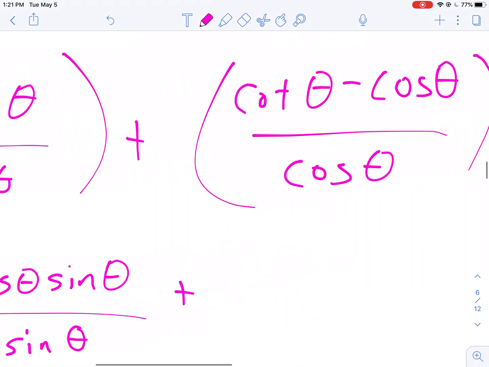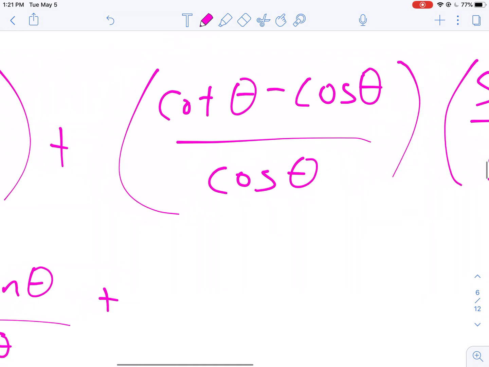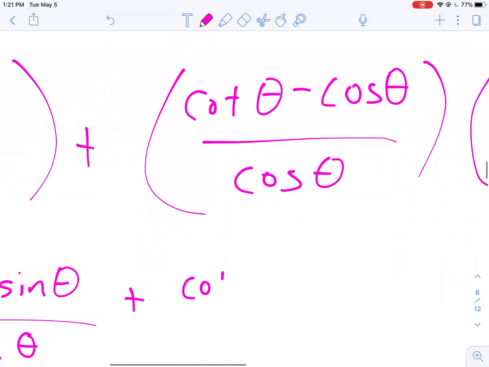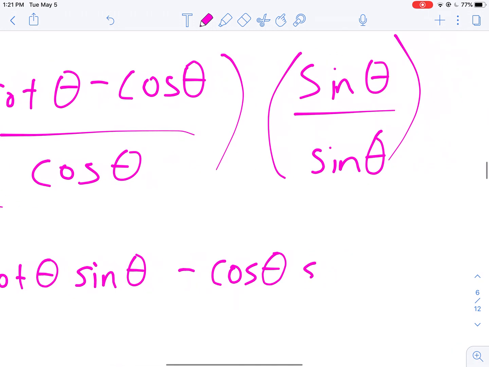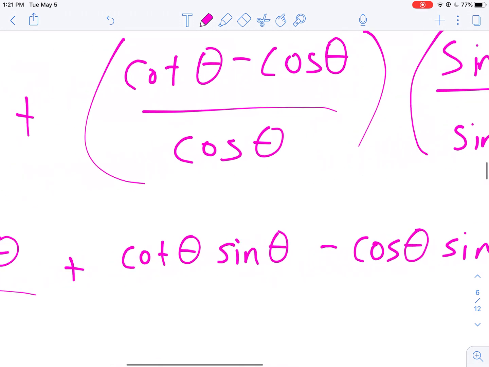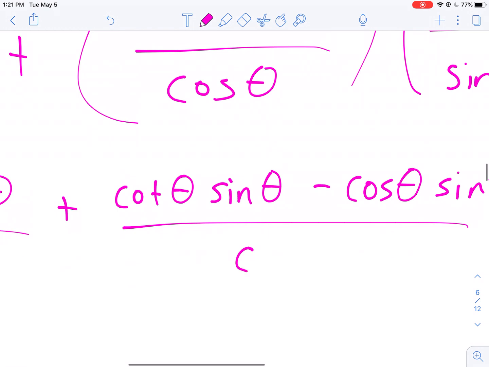And I'm adding this to the cotangent of theta times the sine of theta minus the cosine of theta times the sine of theta all over the cosine of theta sine of theta.